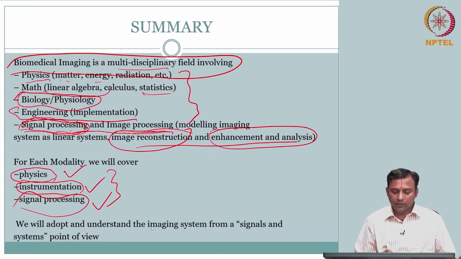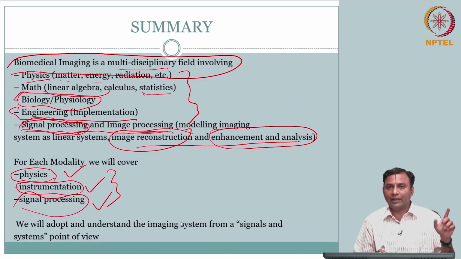In some sense, that is why I said I kind of like the textbook that I underlined in the reference, where it is covered from a signals and systems point of view. There are several classic books that I listed in the references from the imaging physics point of view.